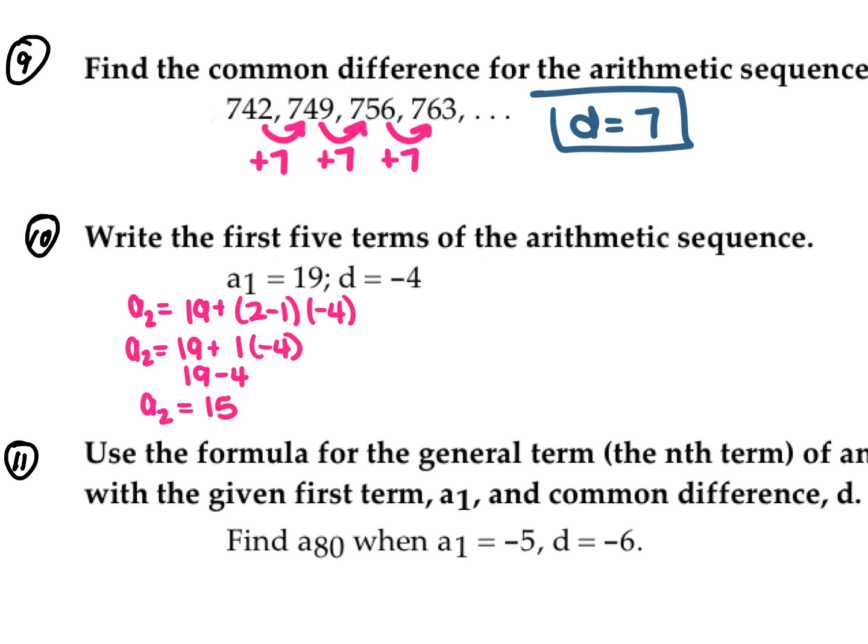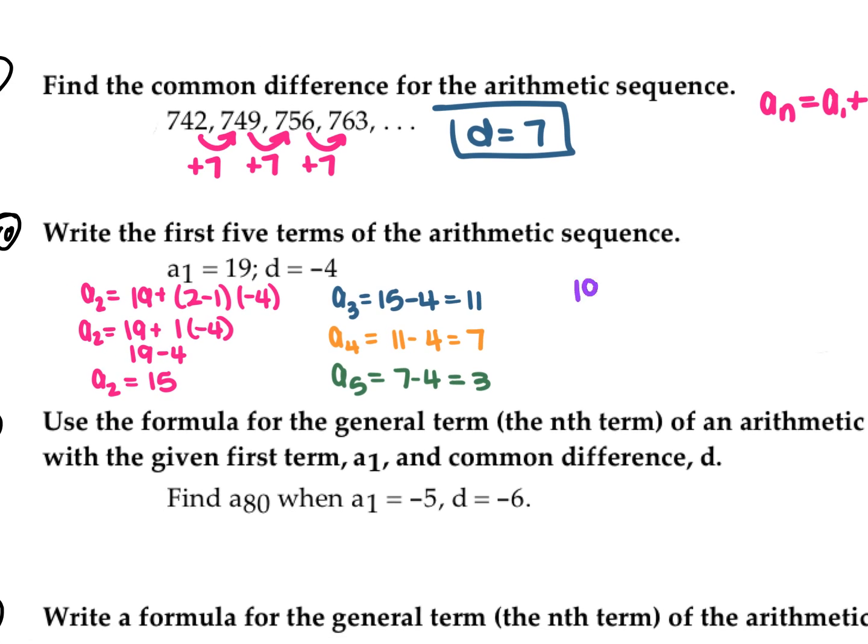You can also just take the 19 and subtract 4 from it, and you get 15. Which means for a sub 3, you can just subtract 4 from 15, and you get 11. A sub 4 would be 11 minus 4. That's giving you 7. And then a sub 5 would be 7 minus 4, which is 3. So the first 5 terms of your sequence are 19, 15, 11, 7, and 3.